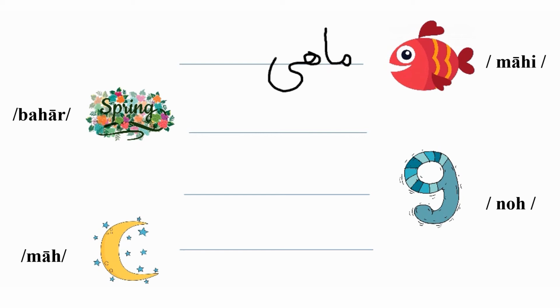The next word is spring, bahar. Bahar, he here is in the middle and it is connected from both sides. So we start from here, be, ba, then we have the butterfly, bahar.